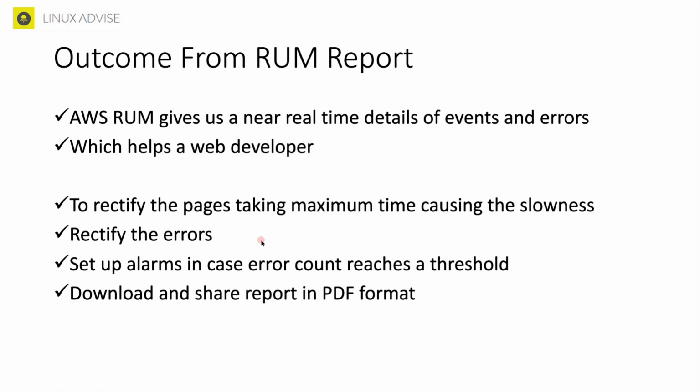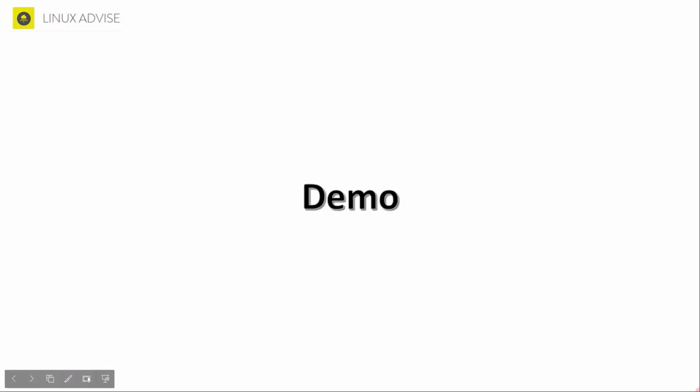Also, as it is a part of the CloudWatch service, there is a provision to set up alarms in case the number of errors increases outside the threshold limit. It also gives a very comprehensive, beautiful, easy to read PDF format report that can be shared with the management or within the team, and a brainstorming session can be carried out based on the report.